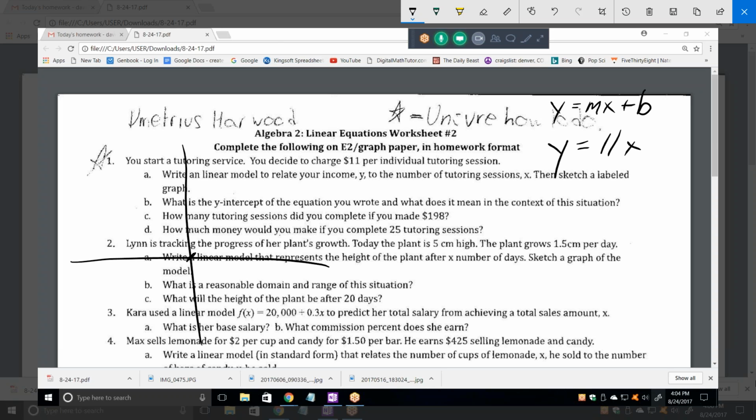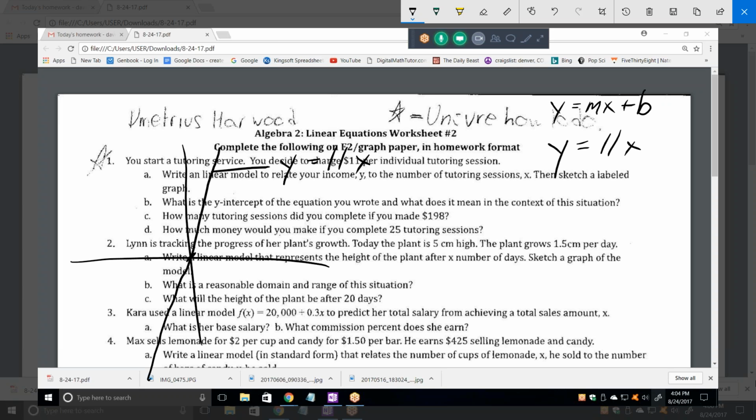In this particular case, b is 0. There's no number after the 11x. So my y-intercept is 0 and my slope is 11. That's kind of what it looks like. So that would be y equals 11x.